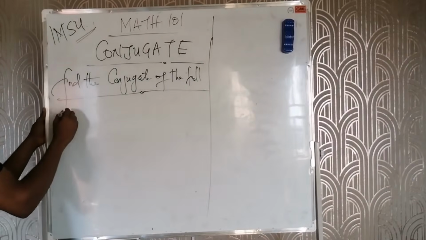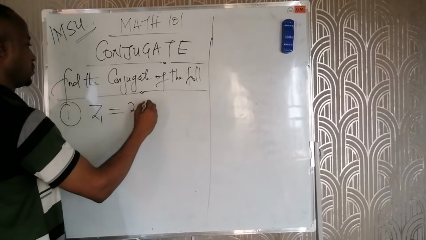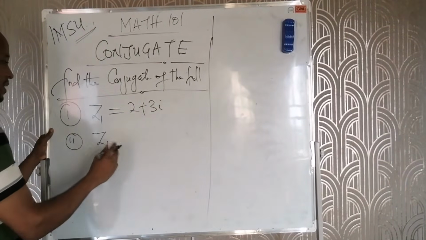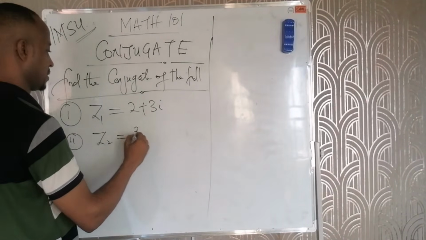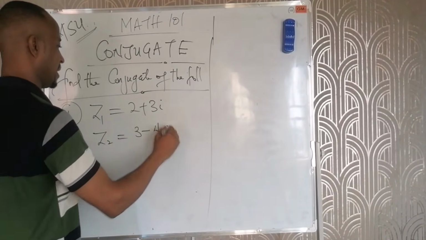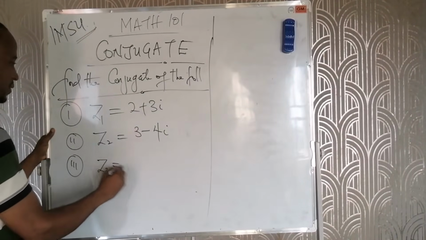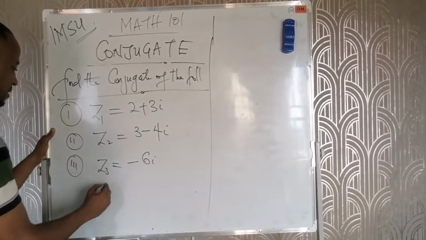The first one is Z1 equals 2 plus 3i. Number 2, Z2 equals 3 minus 4i. The third, Z3 equals minus 6i.